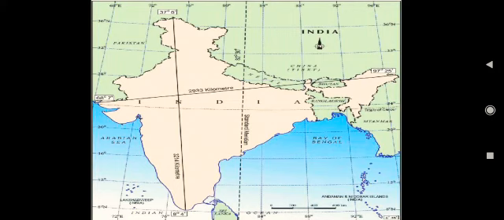Why? In order to avoid confusion and for the sake of uniformity in time. And this standard meridian, located at 82 degrees 30 minutes east, passes through Mirzapur in the state of Uttar Pradesh.